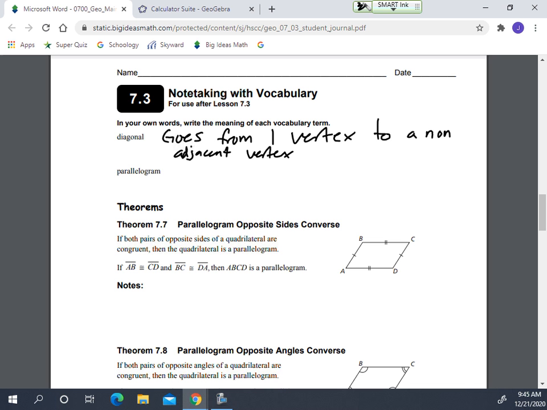Okay, so a diagonal goes from one vertex to a non-adjacent vertex. Parallelogram.